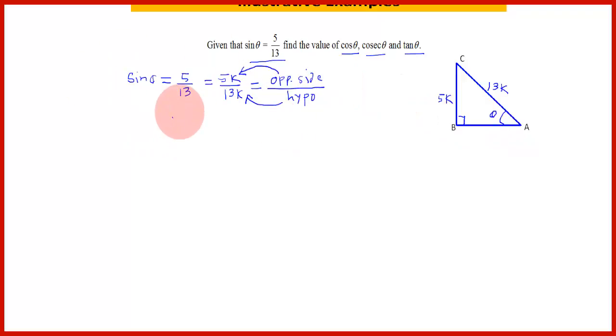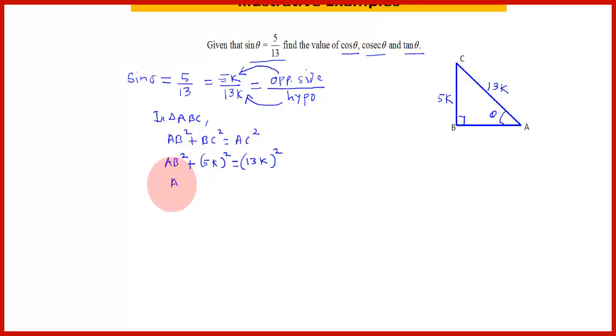So by Pythagoras theorem, in triangle ABC, AB square plus BC square is equal to AC square, and AB square we do not know, so it will be as it is, AB square plus BC square, that is (5k) square, which is equal to AC square, that is (13k) square.